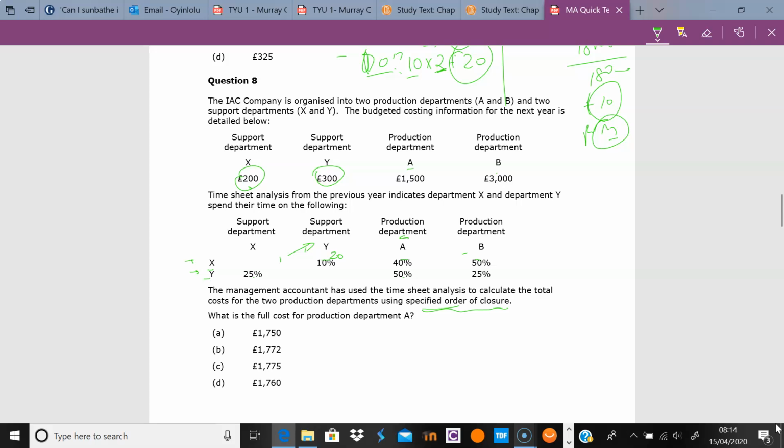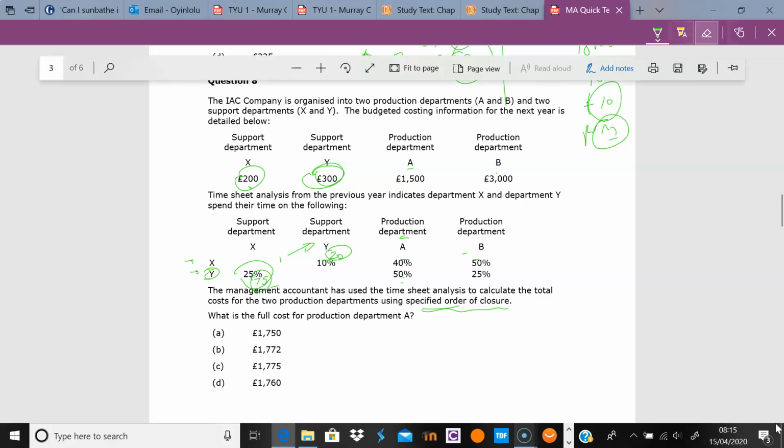So 25% of its cost here goes to Y, and then of course we could split the rest out. So it says, well, whichever one is higher, split first. So this evidence here that Y gives X 75 pounds of its cost and X gives it 20 means that as Y is the higher amount, we would be closing down department Y first, and then we'll close down department X next.